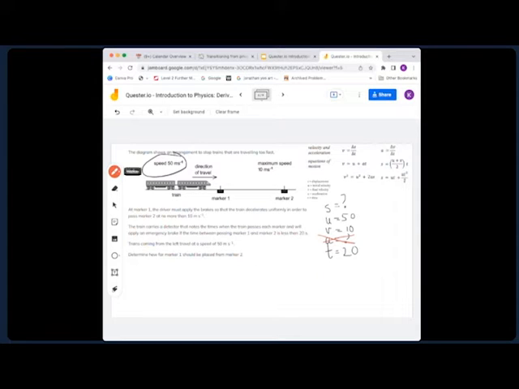The equation that we use here, linking displacement, initial velocity, final velocity, and time, is this one over here, our very first one.